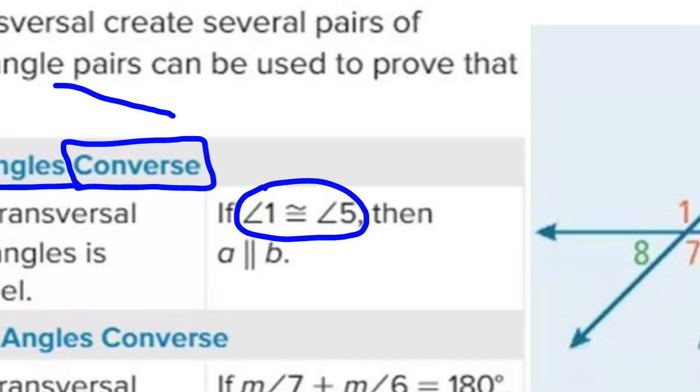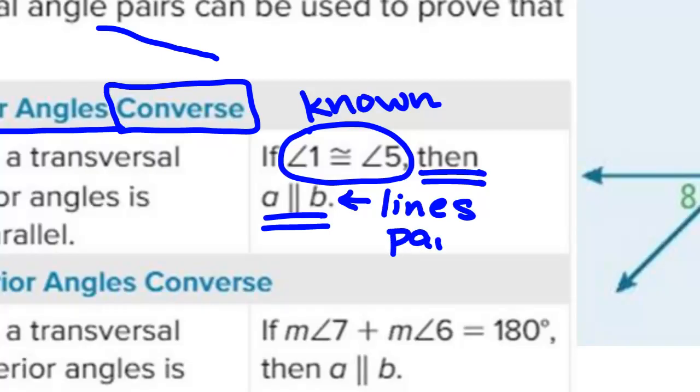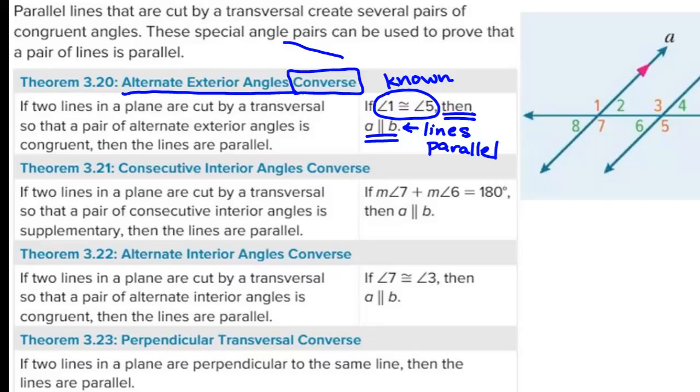So if I know that the two angles are congruent, then I can conclude the lines are parallel. If my alternate exterior angles are congruent, then I can say that the lines are parallel.